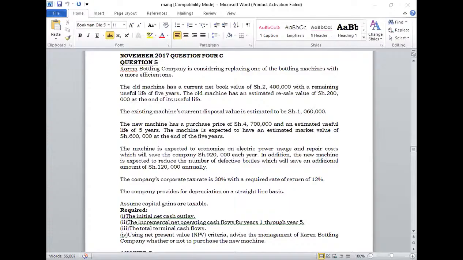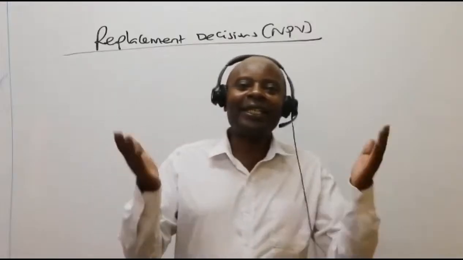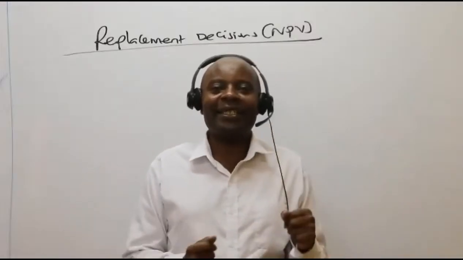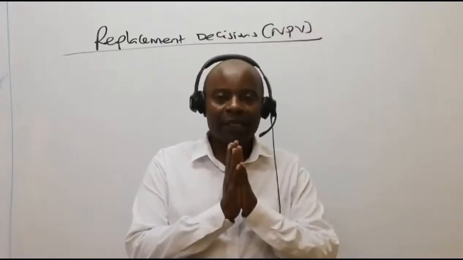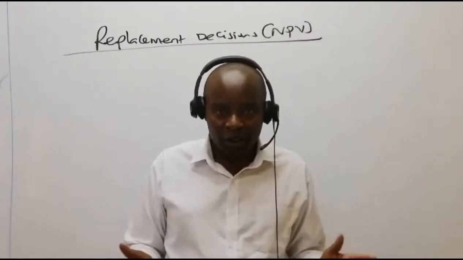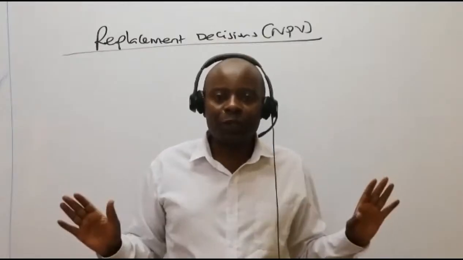Ladies and gentlemen, if it is a replacement question, the basic steps are these. Once somebody tells you to sell your old machine, most certainly you are going to make a loss.